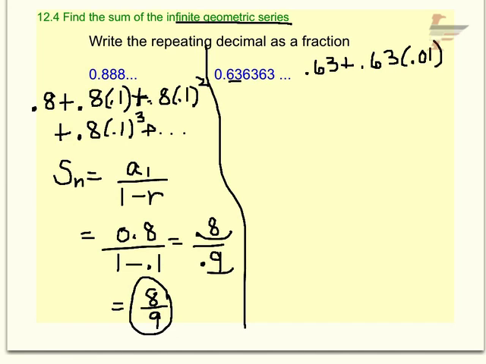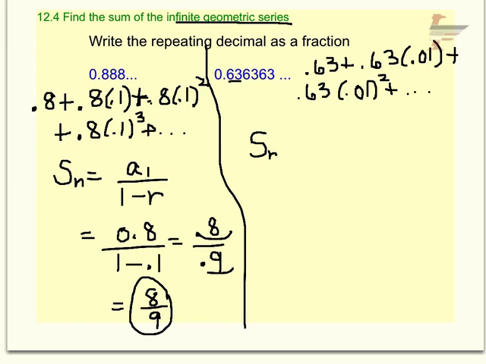Notice it's a hundredth now instead of a tenth because it's repeating every 2 decimals. So if it were repeating every 3 decimals, this would be 0.001. And then I'm going to add on to that 0.63 times 0.01 squared, etc., etc.